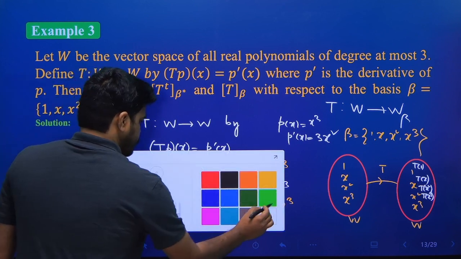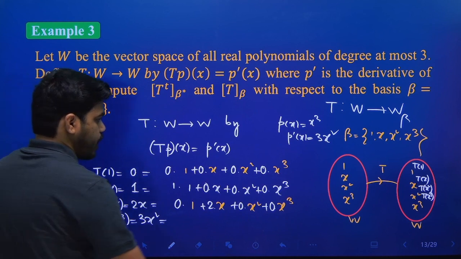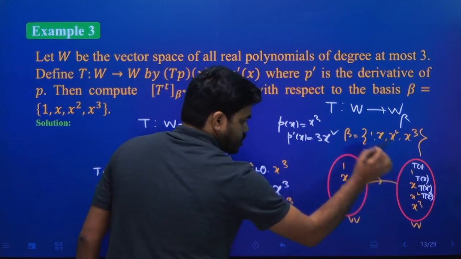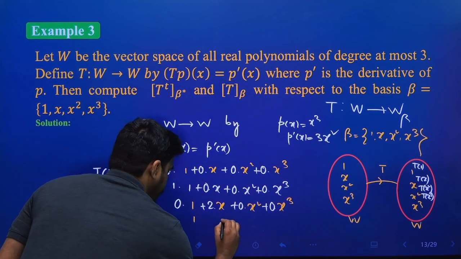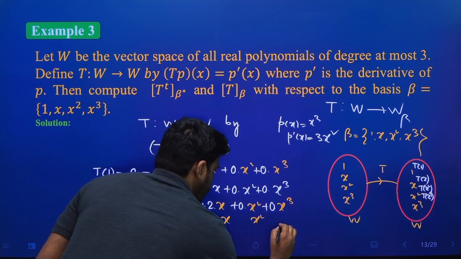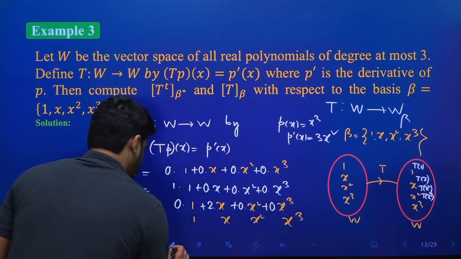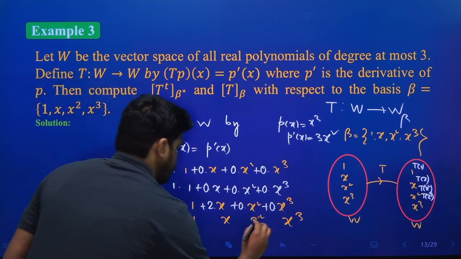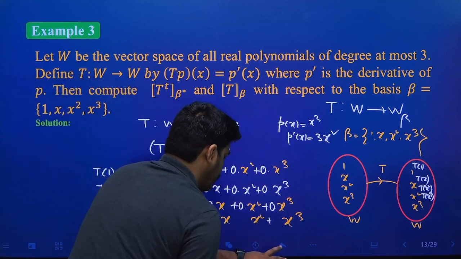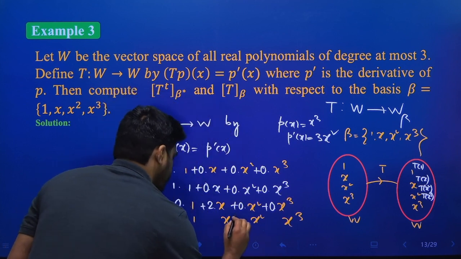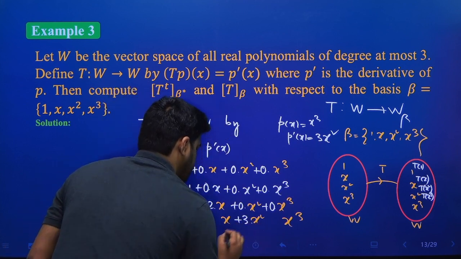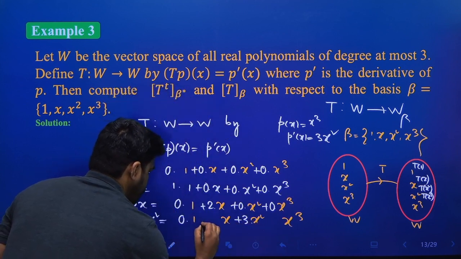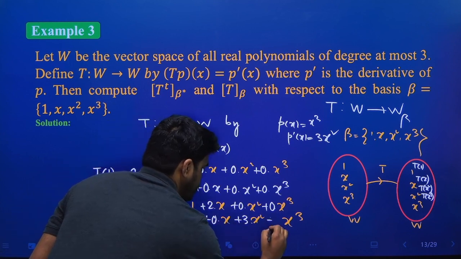So we have to express Tx cube as a linear combination of 1, x, x square, x cube. The coefficient of x square is 3, so 3 into x square, plus 0 into 1 plus 0 into x plus 0 into x cube.